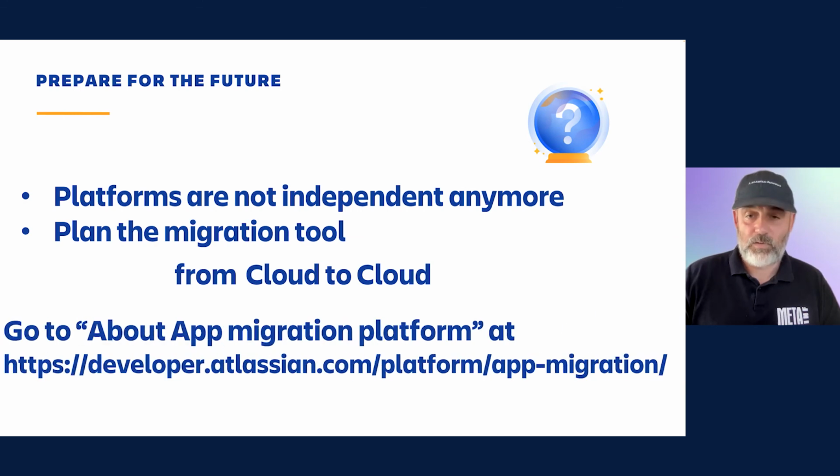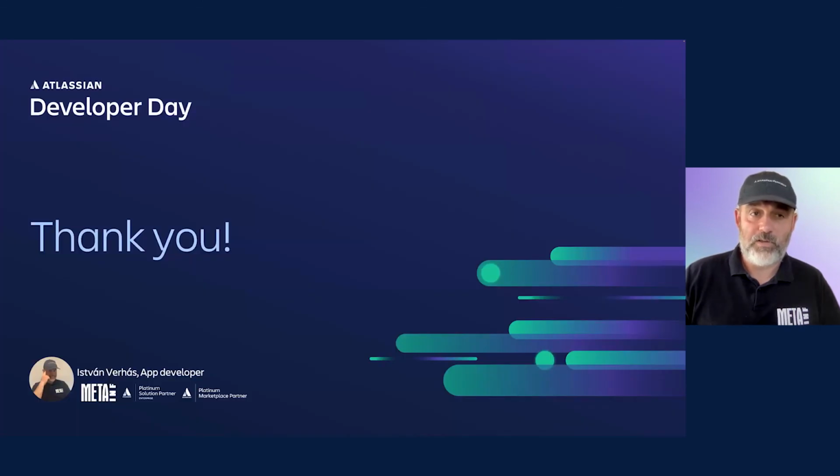Until then, go to the About App Migration Platform documentation at Atlassian's developer site and start the development of your own app migration tool. And remember, handle with care. It's fragile.